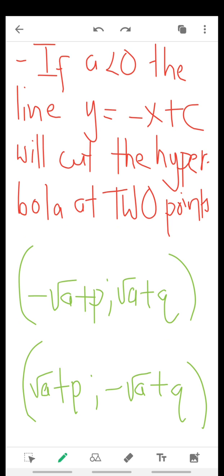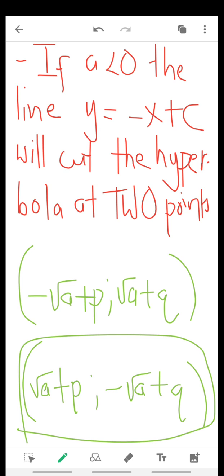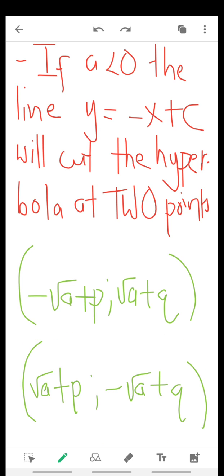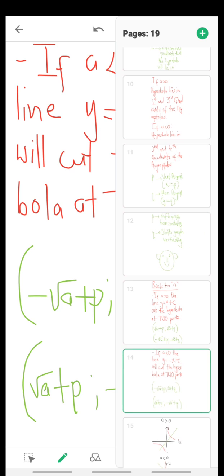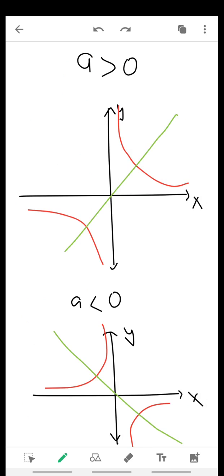And then in the fourth quadrant, the x values are positive, y values are negative, and this will be the point of intersection of the axis of symmetry and the hyperbola. Okay, well done. Now, this is what we are having.